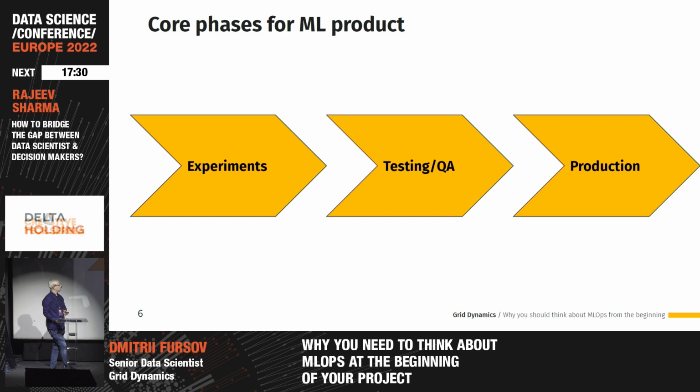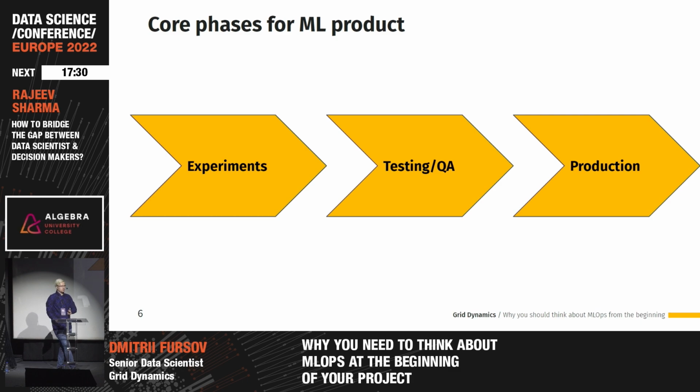We need to understand which results we can obtain and what we should have for better results. At this stage, data scientists usually work in their favorite Jupyter notebooks, and you are very lucky if the code in these notebooks even looks a bit like production.